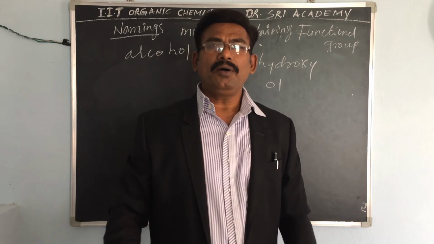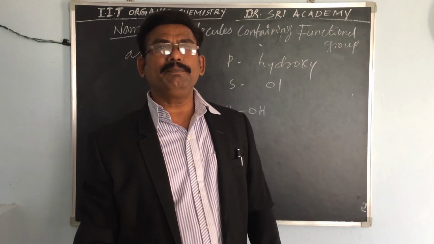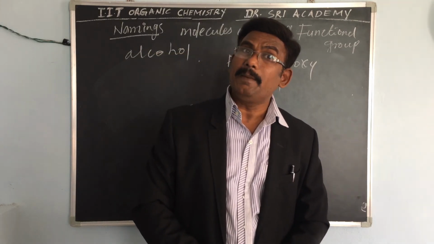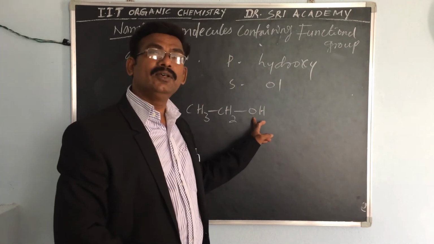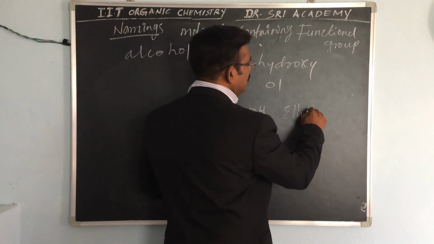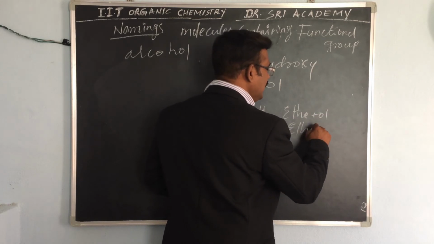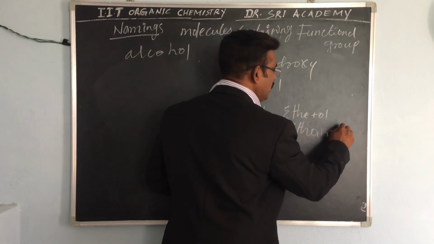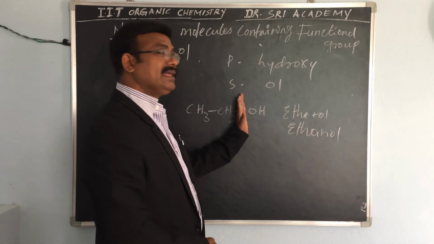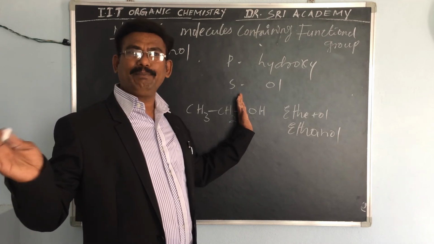Okay, so we know that the simple example is eth plus ol, ethanol. That is the ethanol, everybody knows ethanol. Or we can say ethyl, like propyl, butyl, pentyl.